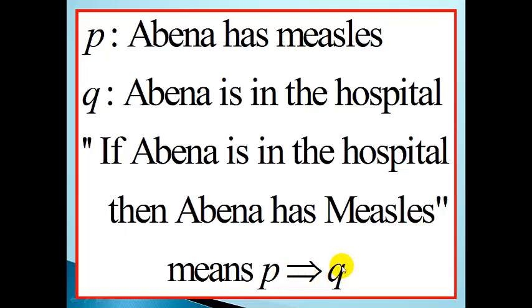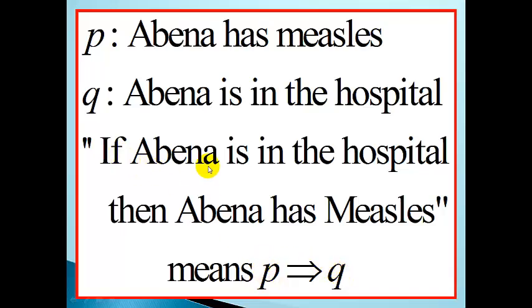P implies Q means that Q is true only if P is true. Now statement Q says Abena is in the hospital. And statement P says Abena has measles. So Q is true only if P is true.